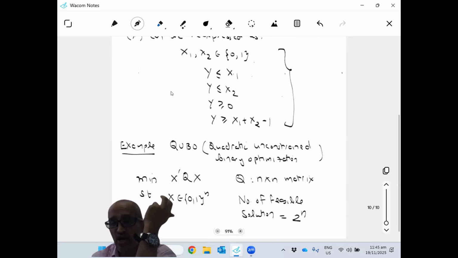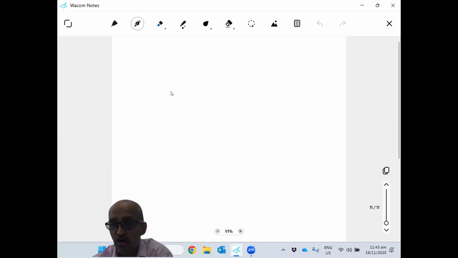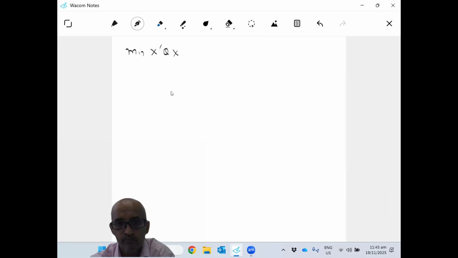So I can rewrite a quadratic unconstrained binary optimization problem. So if I take a QUBO problem, just for simplicity, let me write this out term by term. So I've got summation i from 1 up to n.